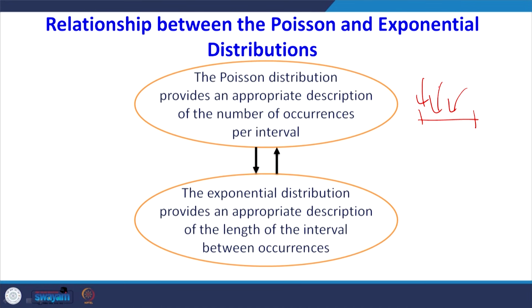The exponential distribution provides an appropriate description of the length of the interval between the occurrences, from this occurrence to the next. So, the phenomenon between two occurrences is explained with the help of the exponential distribution. The number of occurrences in that interval is explained with the help of the Poisson distribution. That is the relation between Poisson and exponential distribution.